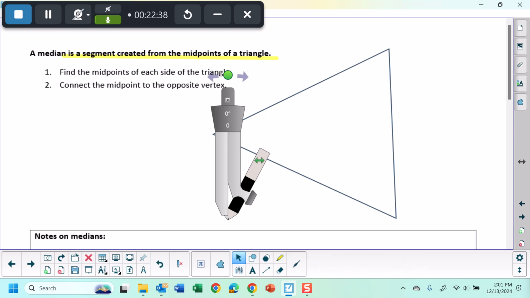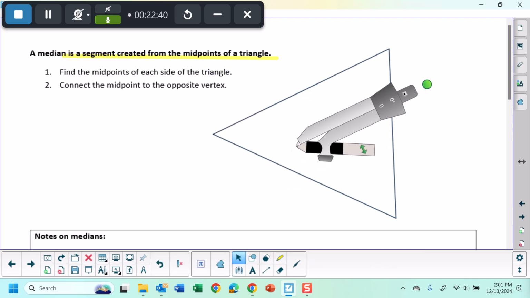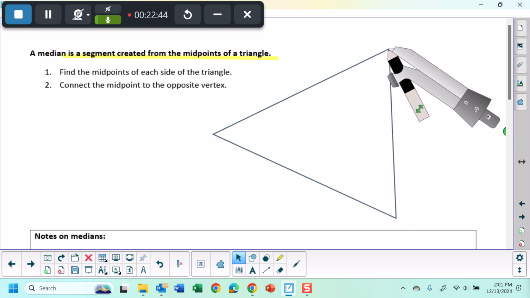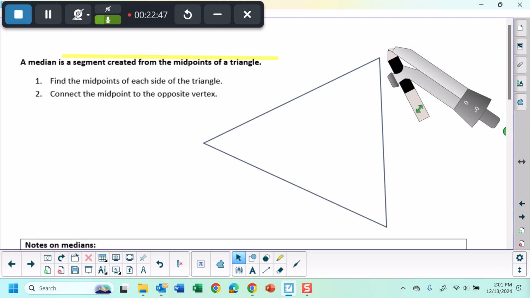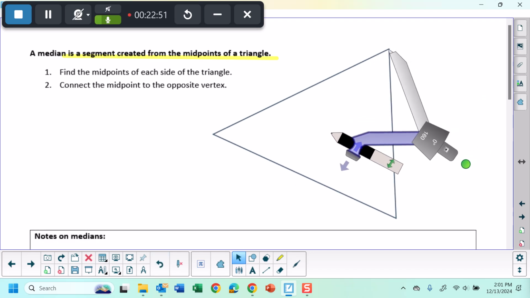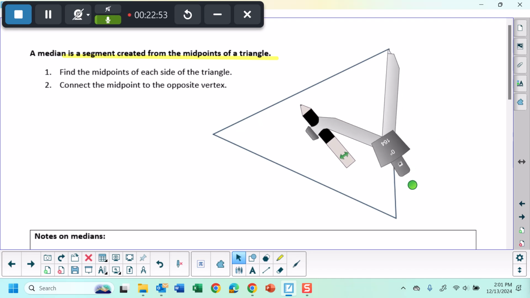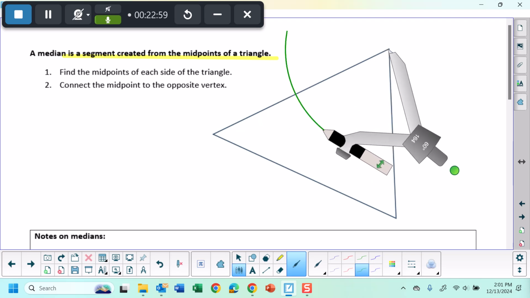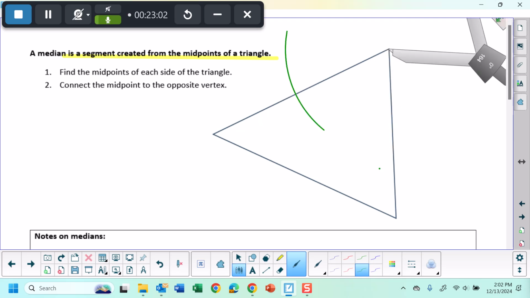Compass is out. And go ahead and put your sharp on one end point. Open up your pen to more than halfway. Draw an arc above and below. Lock that distance in.